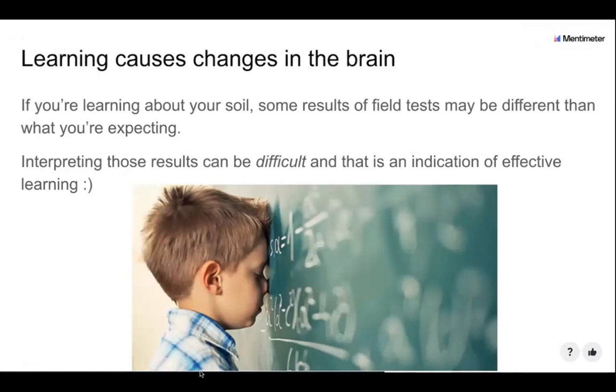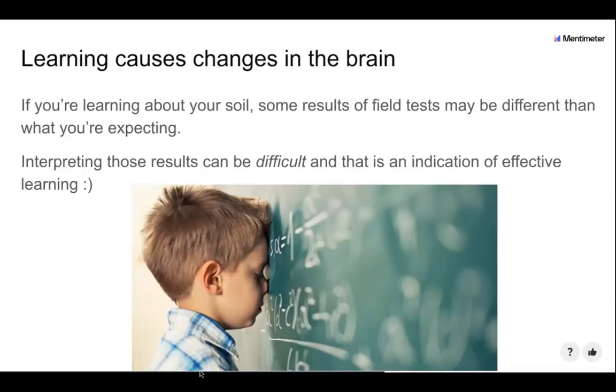All right. So I think this is a key thing to know, that learning any new thing causes changes in the brain. And that takes work. Our brains have a lot of blood and are working really hard. And so it actually can be tiring. So that's important to know, that when you're learning, you're working really hard.